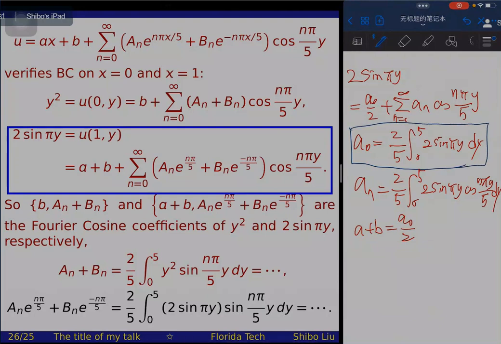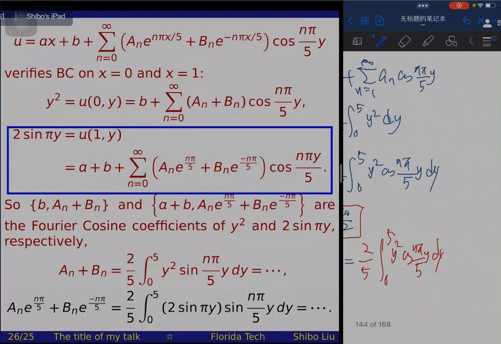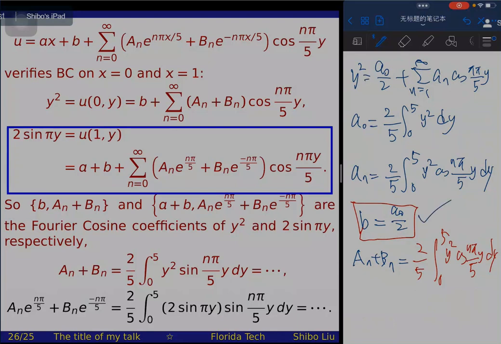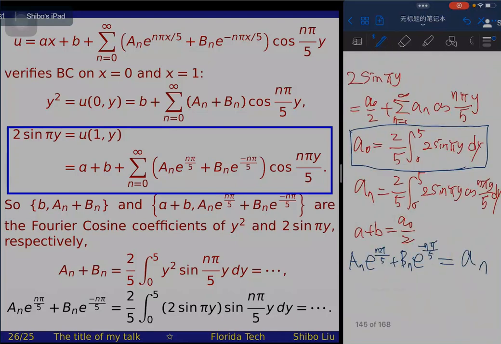Well, the complicated An e to the n pi y plus Bn e to the minus n pi y is just equal to the Fourier cosine coefficient of the function, that is an. So we already determined the b here. Then we can determine the a using this.